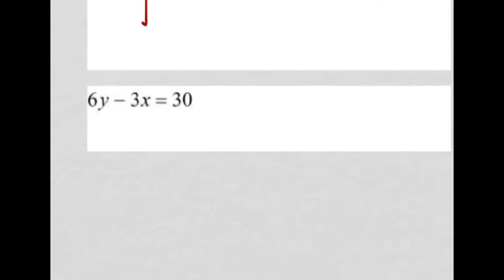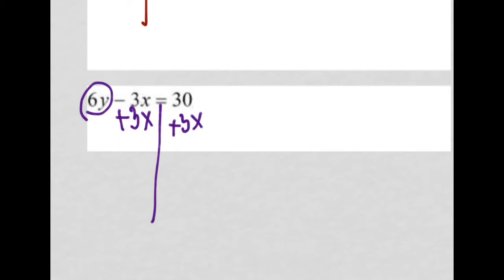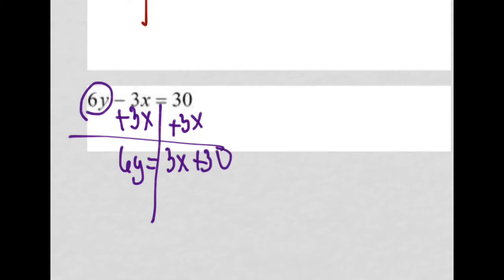And number 18. Draw my line, circle what I'm solving for. How do I get rid of a minus 3x? You got to add it to both sides. So I have 6y equals 3x plus 30. Again, circling what I'm solving for, how to get rid of the 6. Divide by 6.